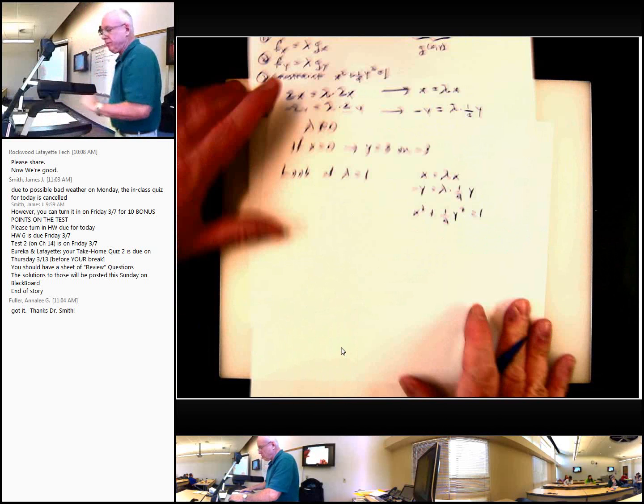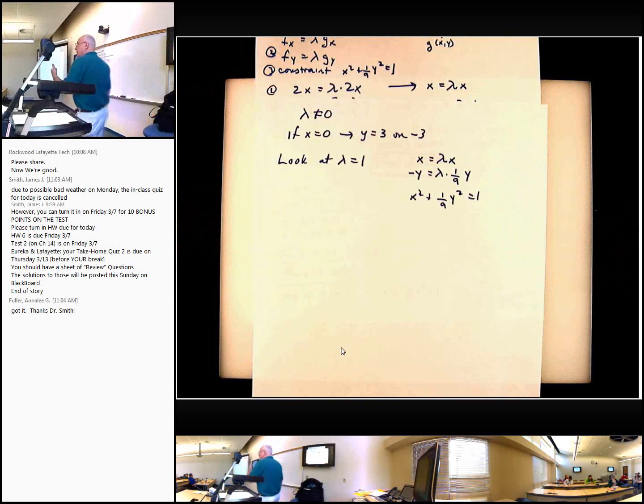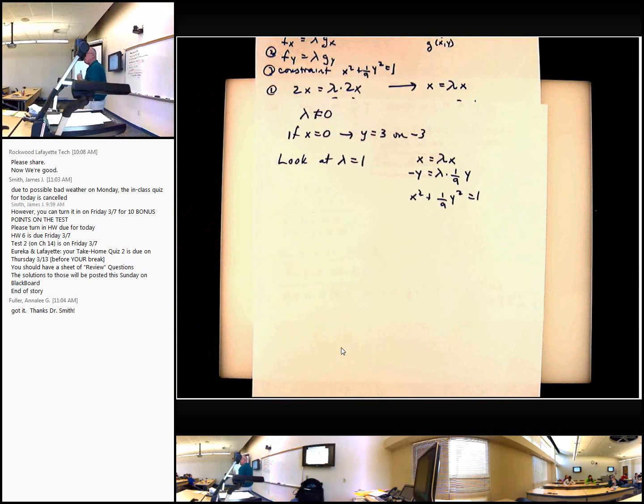All right. And now our second case is we're saying lambda is equal to 1. Well, the first equation presents no problem whatsoever, does it? That gives us x equal to x. That's good, isn't it?